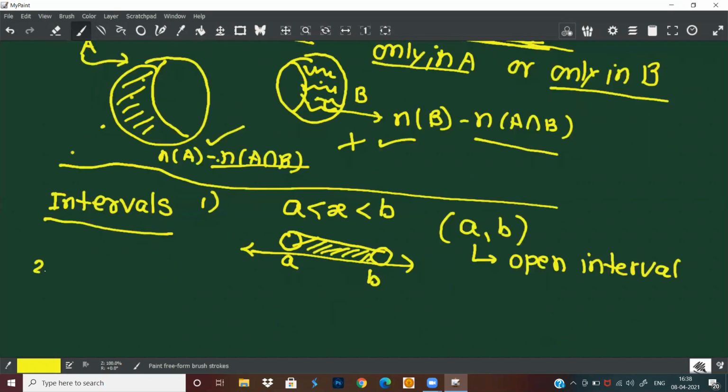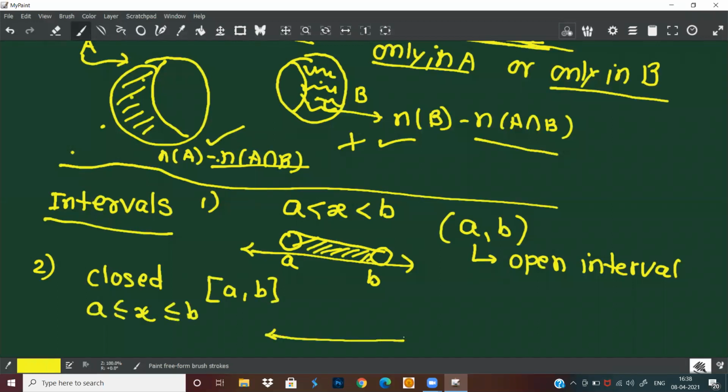Second, closed interval. I write in a rectangular bracket, means X lies between A and B, including both. Extremities are included. This is your A, this is your B. Right? Closed interval.